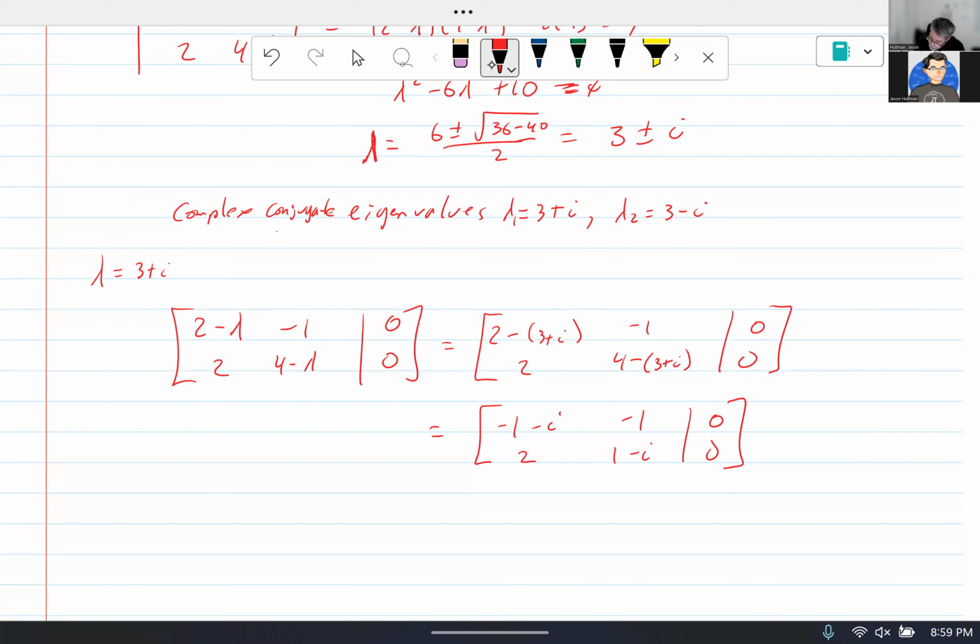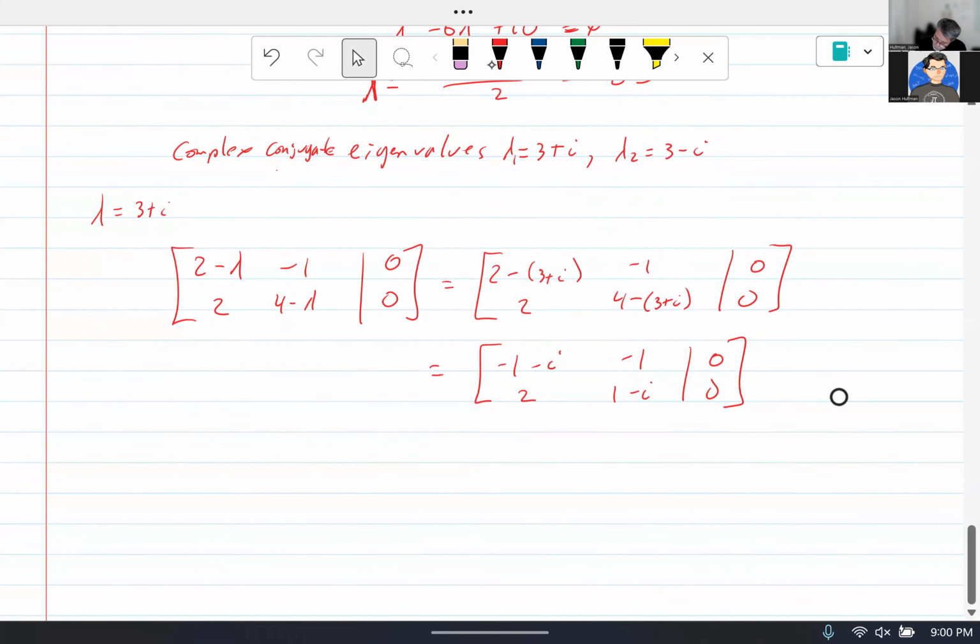So I'd like to get opposites. In order to get opposites, what would I have to do? I'd have to multiply by 1 minus i on the top. Because I've got a -1, I could factor this out.